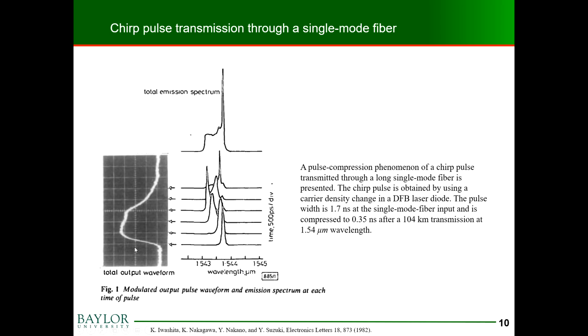You can see that different slices of time have different frequencies, right? So this is a chirped pulse, because different slices of time correspond to different central frequencies.